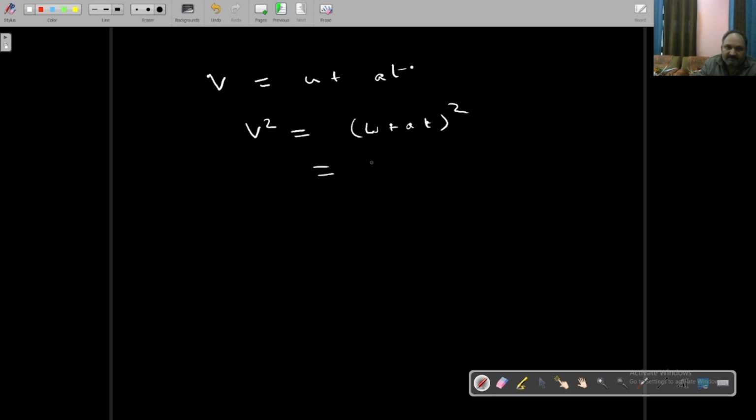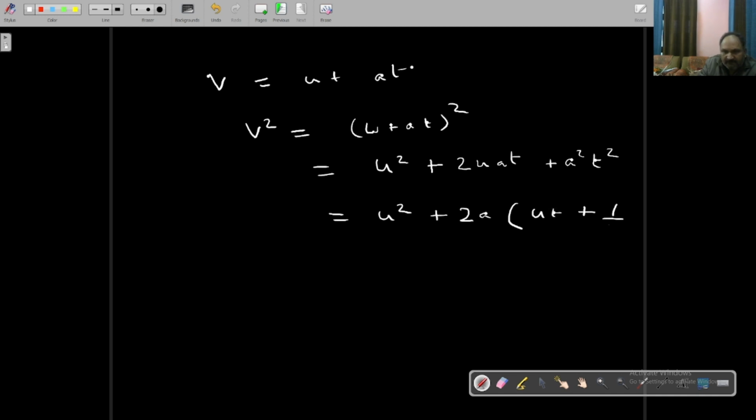Now this becomes u square plus 2uat plus a square t square, which is equal to u square plus, taking 2a common, 2a times ut plus half at square.